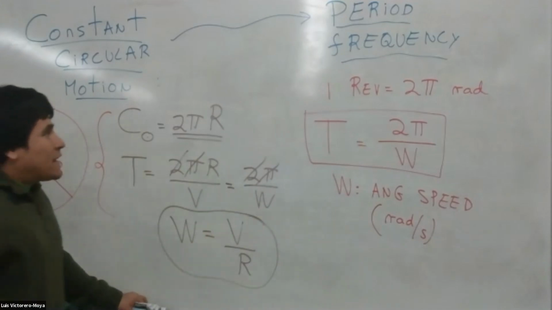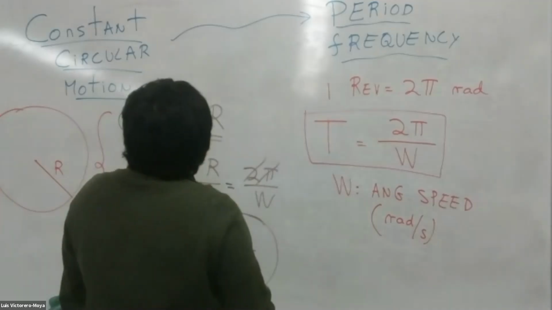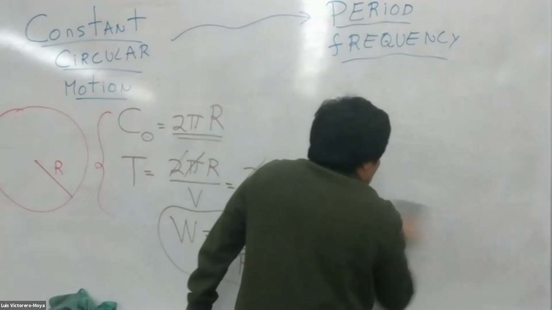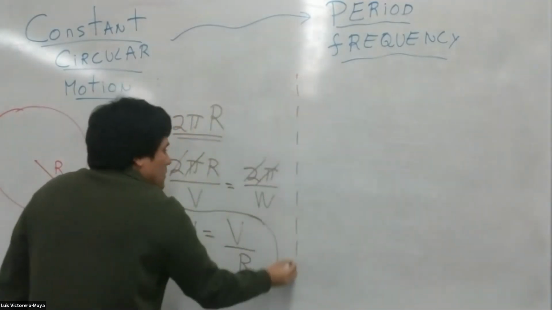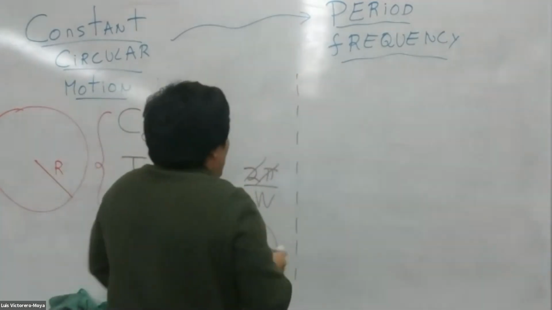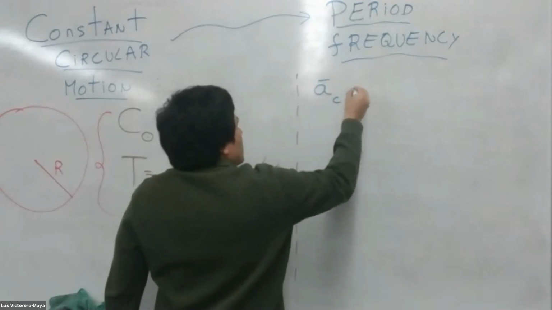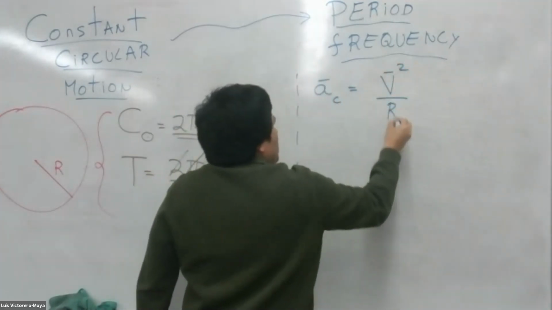What is the centripetal acceleration? The one that was showing you there. The centripetal acceleration is defined as the velocity squared divided by the radius.